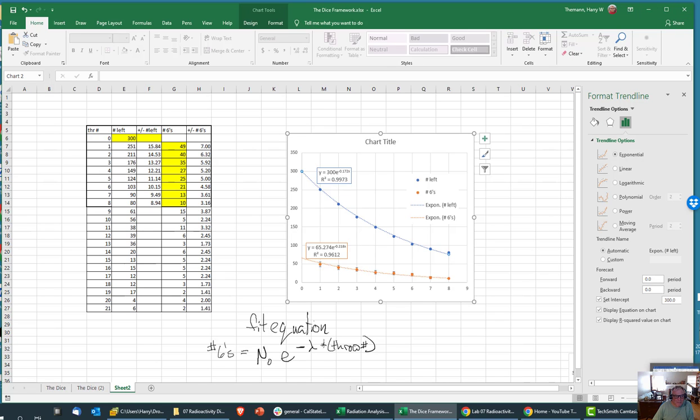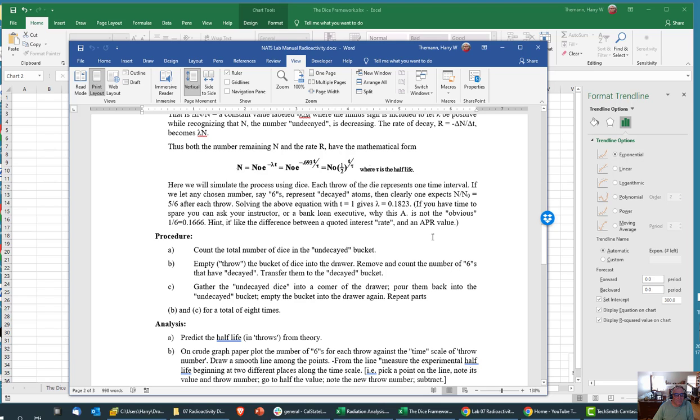But don't forget, in my case, maybe not your case, this lambda is the decay constant, and here it's 0.1823. And you would have expected it to be the same if it's number of 6s, or any one number, it doesn't matter. Since all the dice are 6-sided, it's not a critical choice.